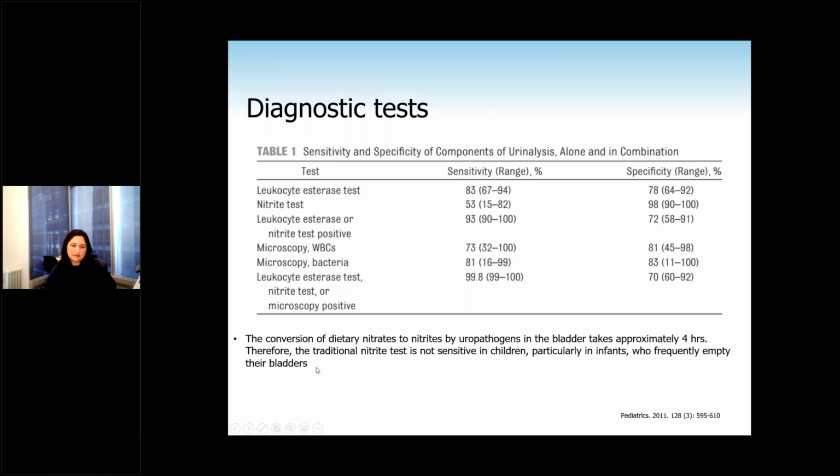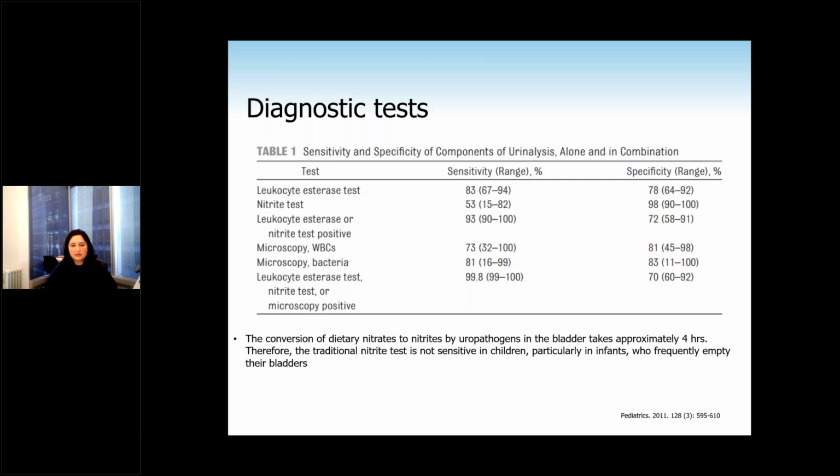One thing I want to point out is that the nitrite test becomes positive when dietary nitrates are converted into nitrites by uropathogens, and that takes approximately 4 hours. So in children, especially babies who are not potty trained and are continuously peeing, that test may not actually be positive.